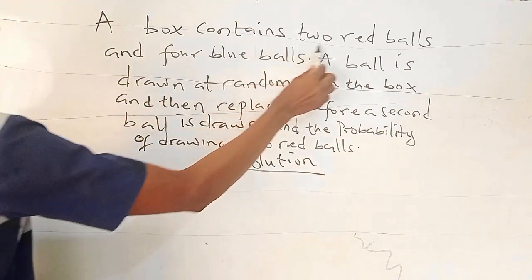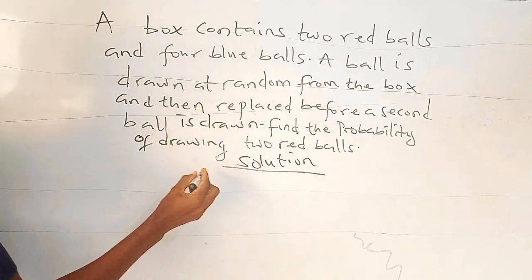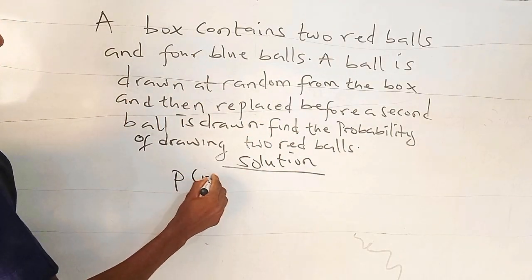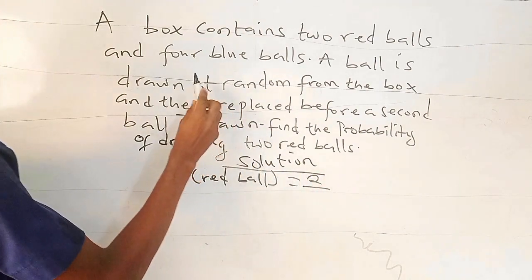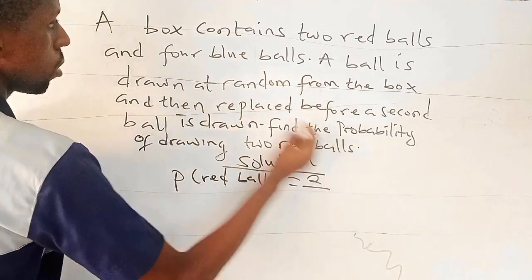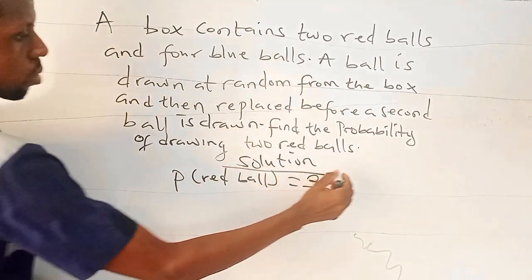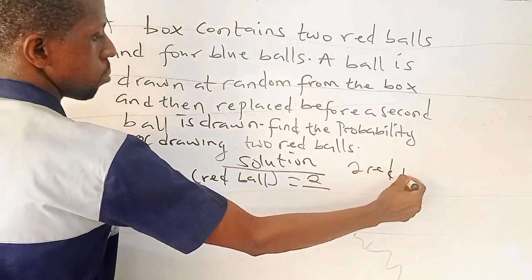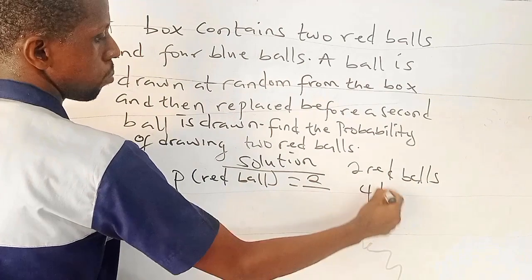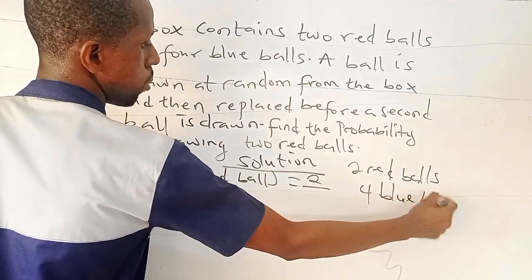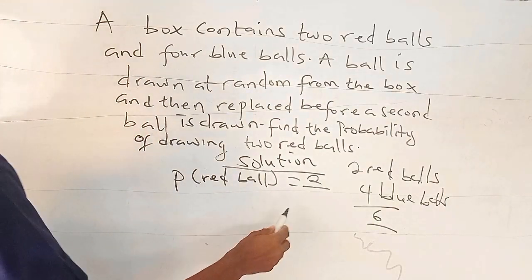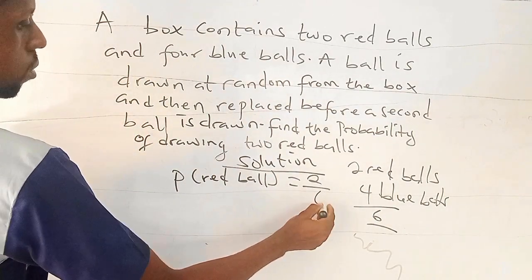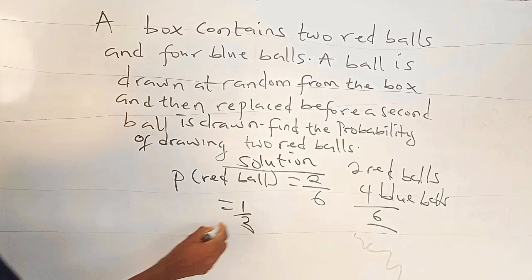So we have 2 red balls in the box, and the total number of balls is 6: 2 red balls and 4 blue balls. So the probability of picking a red ball is 2 over 6, which is 1 over 3.